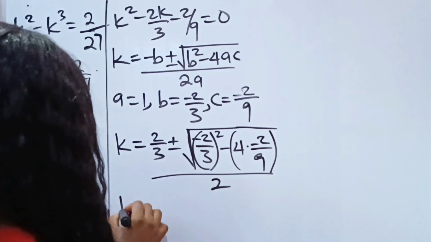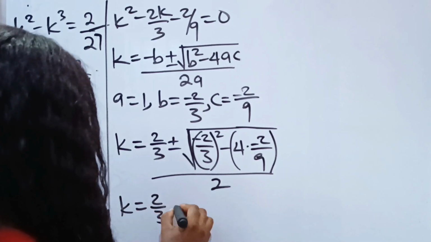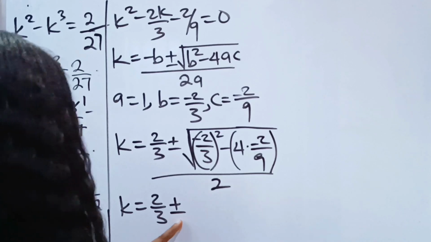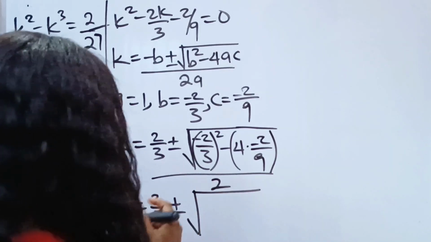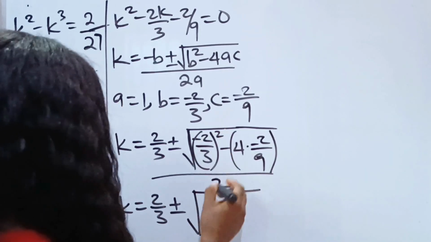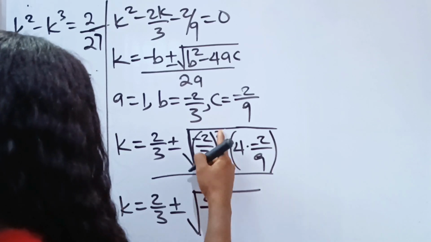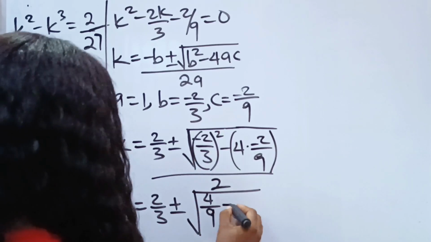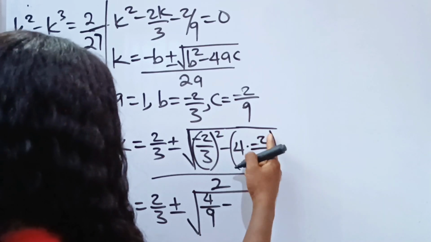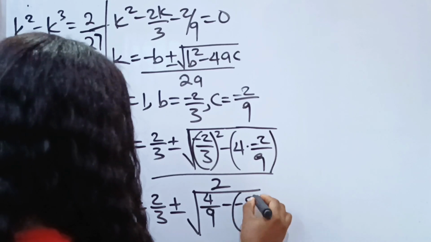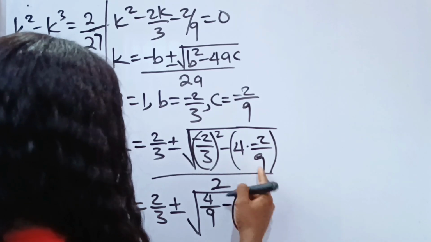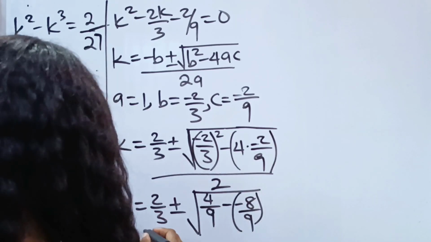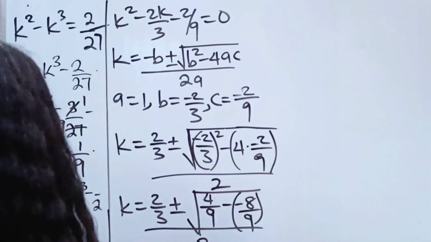So we can write that our k is equal to 2 over 3 plus or minus the square root of, now minus 2 squared will give us 4, and 3 squared will give us 9, minus, now 4 times minus 2 will give us minus 8, and this will give us minus 8 over 9, right? Now everything divided by 2.